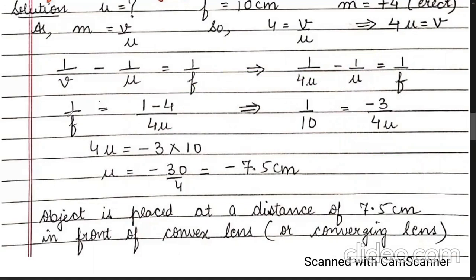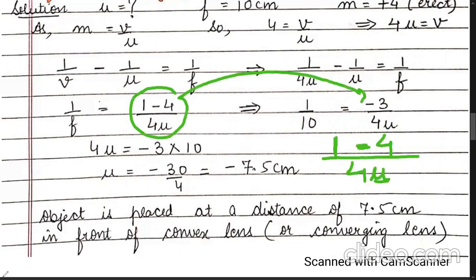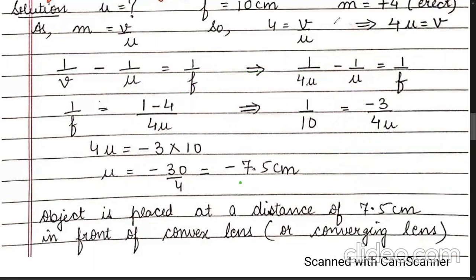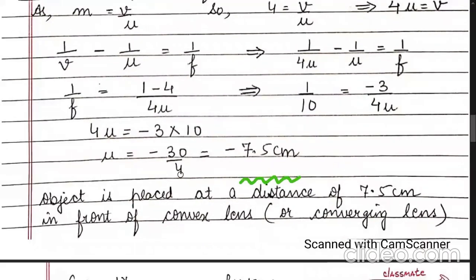So 1 by f. Instead of f, I'll write down 10 centimeter. So from here, let us find the value of u. It comes out to be minus 7.5 centimeter. So what does it mean? It means that the object is placed at a distance of 7.5 centimeter in front of convex lens or converging lens.